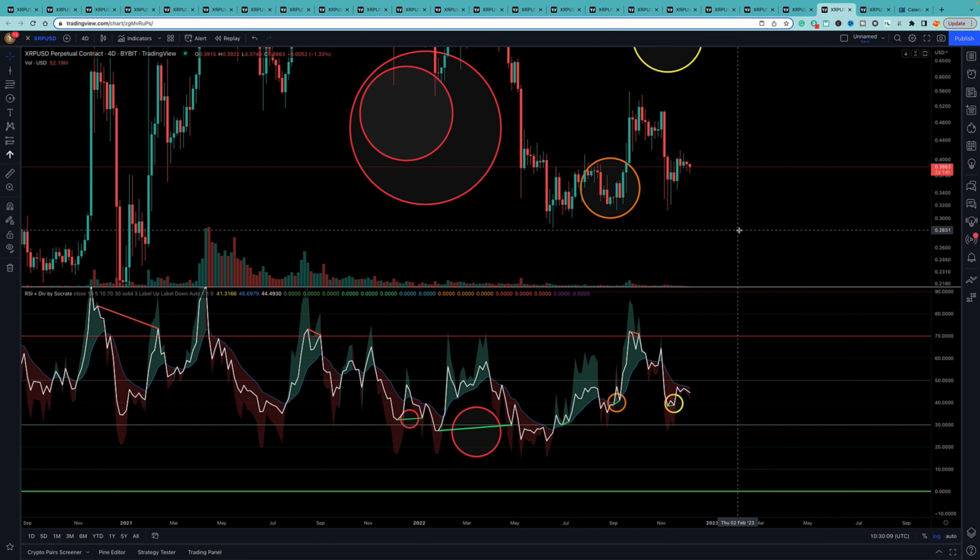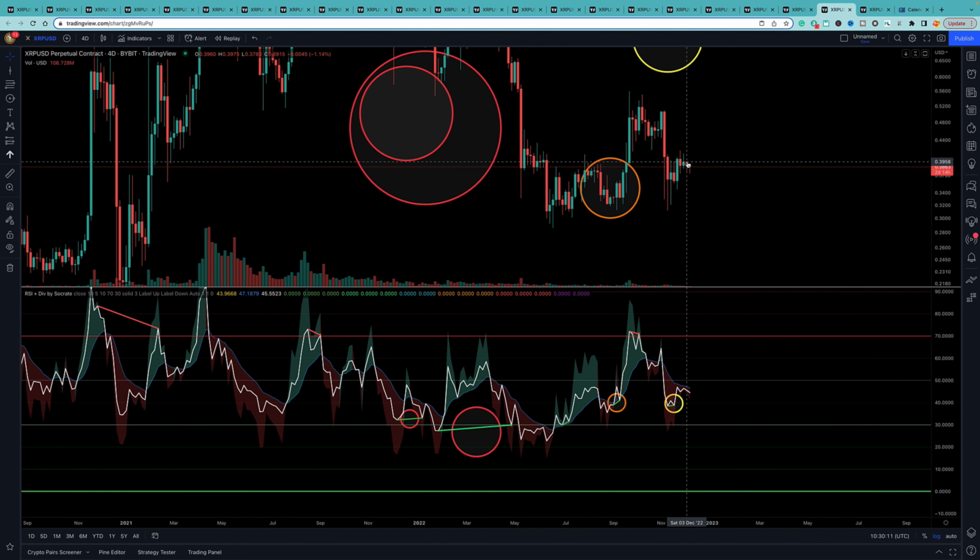The only reason I can see from my TA why it could go up now is market makers. Market makers want to turn price action and just take it up. They can. Doesn't matter what the TA says. They can just flip it and pump it up. Yeah, I have seen multiple times where the TA is looking beautiful for a move down or a move up, and this is where the rug pull happens.